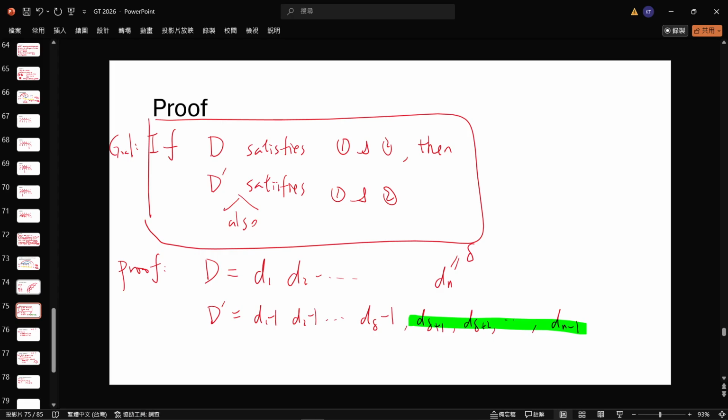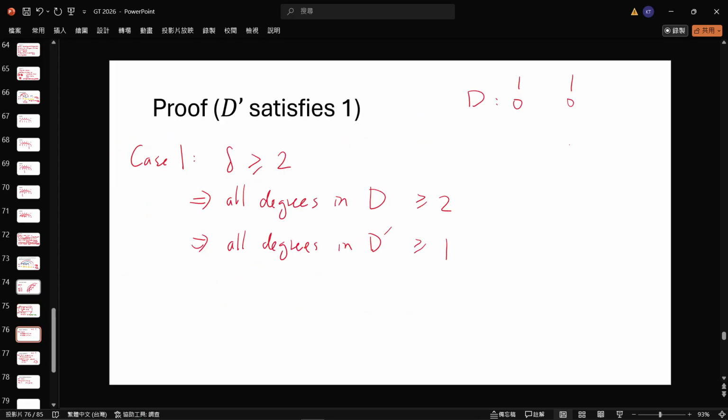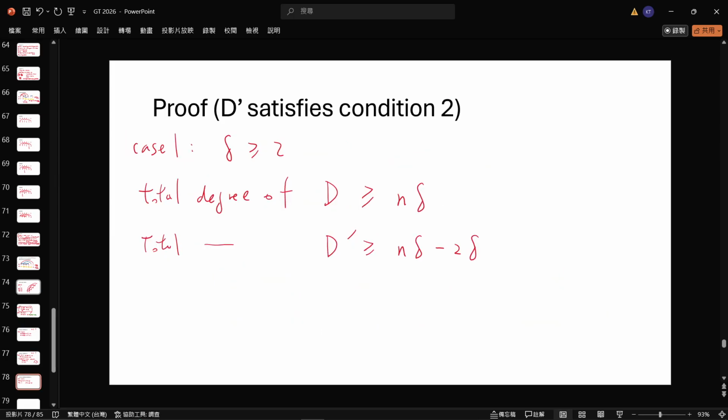Okay? And the second delta comes from the fact that we remove this smallest degree. Okay? Now we know that this is, because delta is at least 2, so this is at least 2 times n minus 2. Okay?